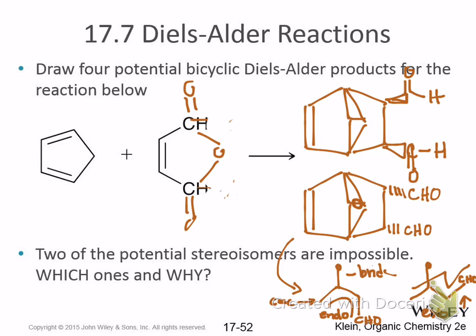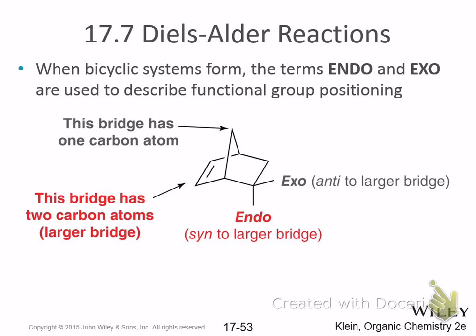Okay, so with cyclopentadiene, see, I can't draw like this. So this is what they draw. This is the endo side. It's on the same side, away from the bridge, same side as the larger bridge. And the exo is on the same side as the smaller bridge. Okay. Endo is the preferred configuration for these reactions with cyclopentadiene and a dienophile.